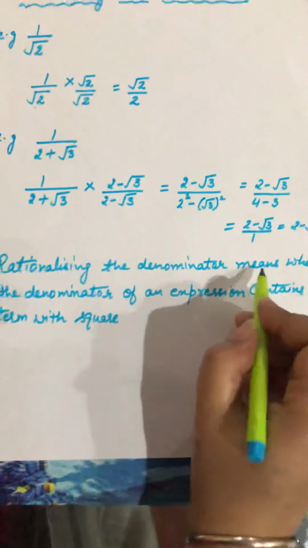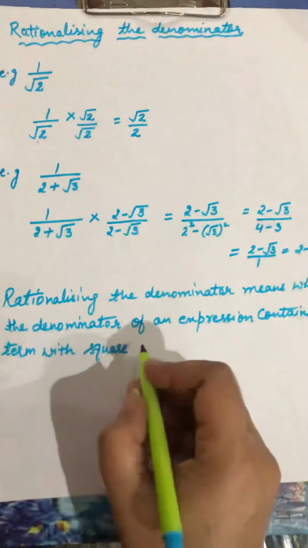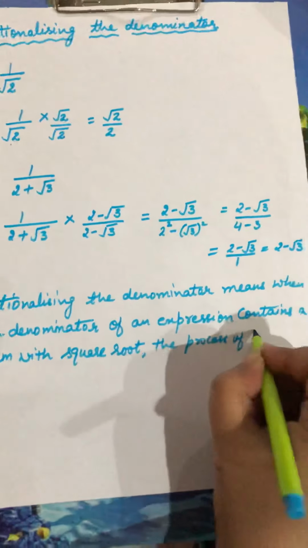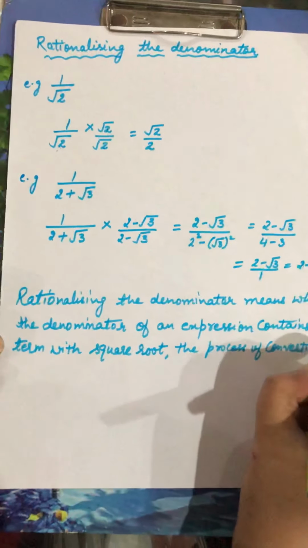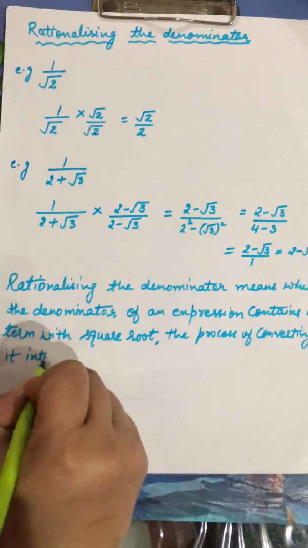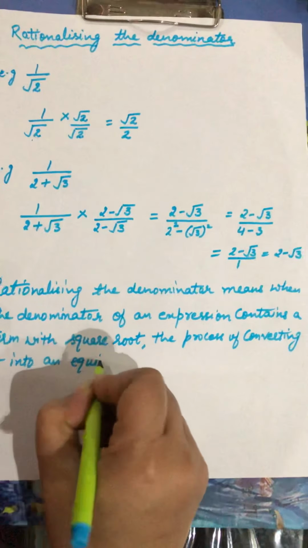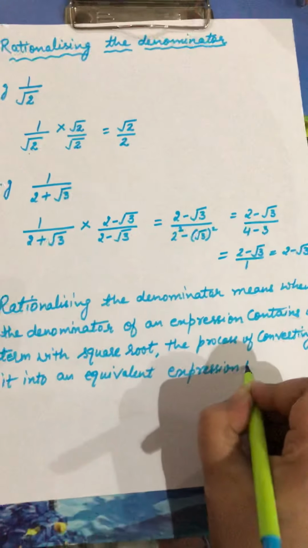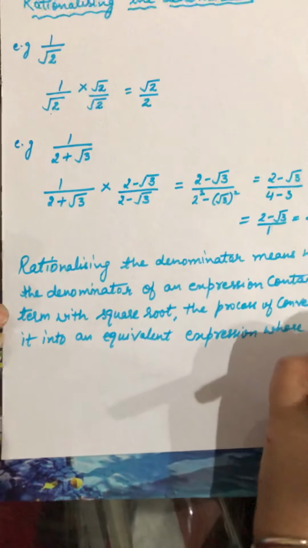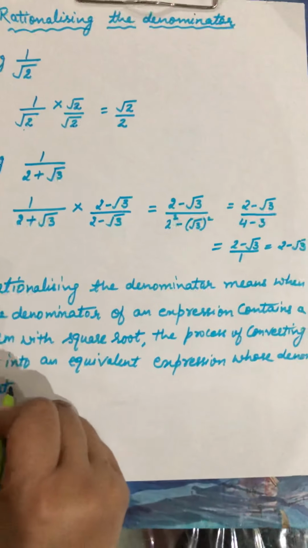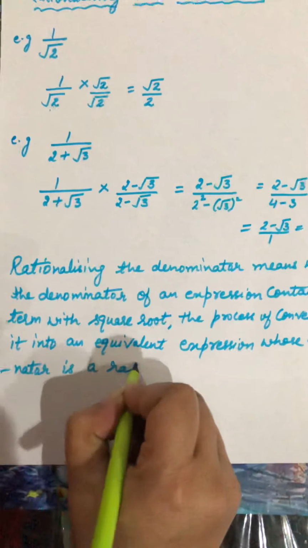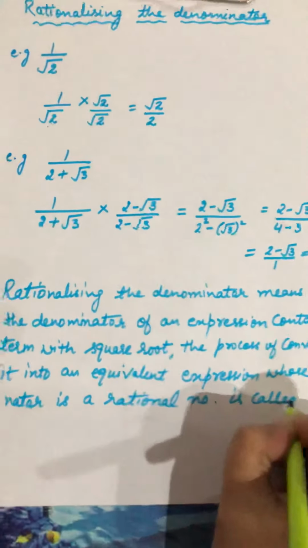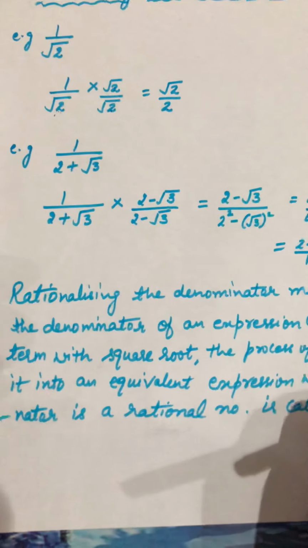So when the denominator of an expression contains a term with square root, the process of converting it into an equivalent expression whose denominator is a rational number is called rationalizing the denominator.